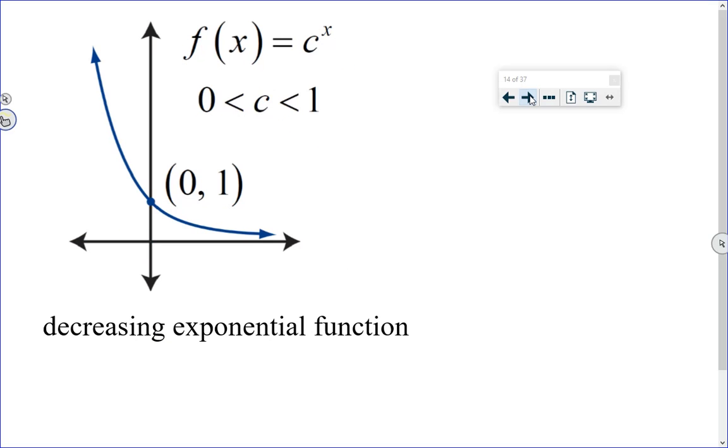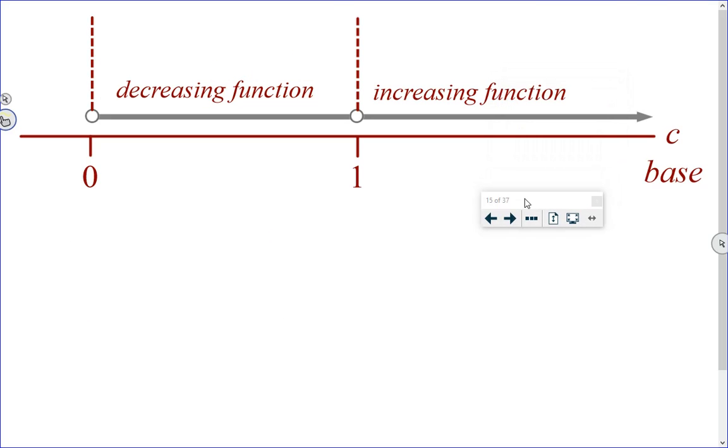If, on the other hand, the base is a number between 0 and 1, because it can't be negative and it can't be 0 and it can't be 1, then we have a graph that looks like that, which is decreasing. And this ties nicely, and it's a useful idea, into this diagram I asked you to write down earlier.